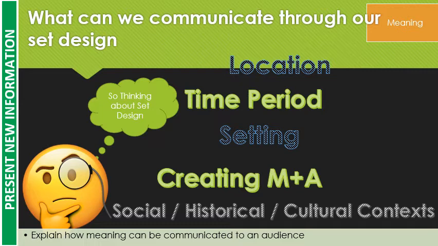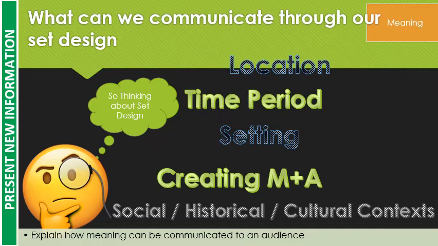All of that needs to come through in our set design. We could communicate the time period, that time period of 2001, 2002, 2003 coming through in our set design. The setting is the locations within the play. So we've got Dan's house, Dan's room specifically. We've got the pontoon where the boys go to fish, along with a few others.